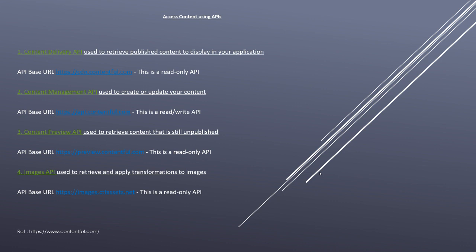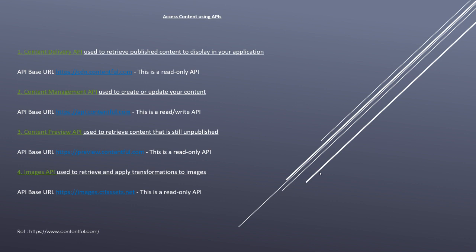Use it to retrieve content that is still unpublished. That means this has not gone to production yet, but still the business can preview and identify if any edits or updates are required. They can feel free to go back to the Content Management API and do the edits and come back to the preview when they are ready to publish.